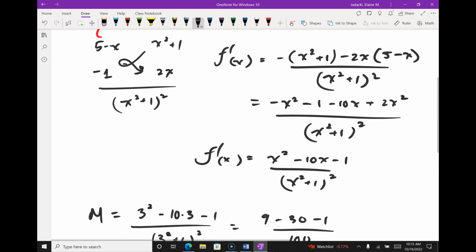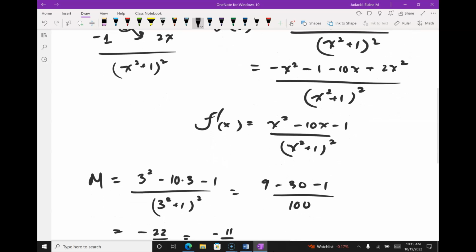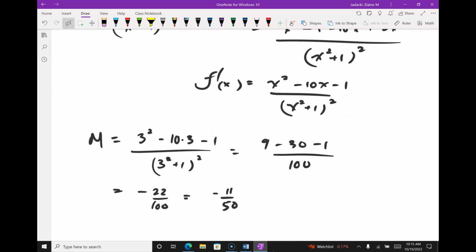Okay. Anybody get the same slope? Yes? Thank you.